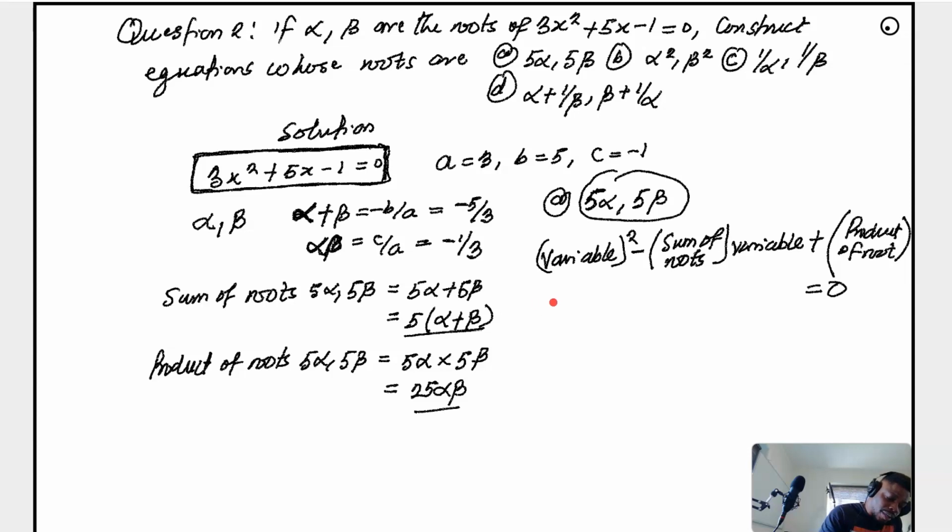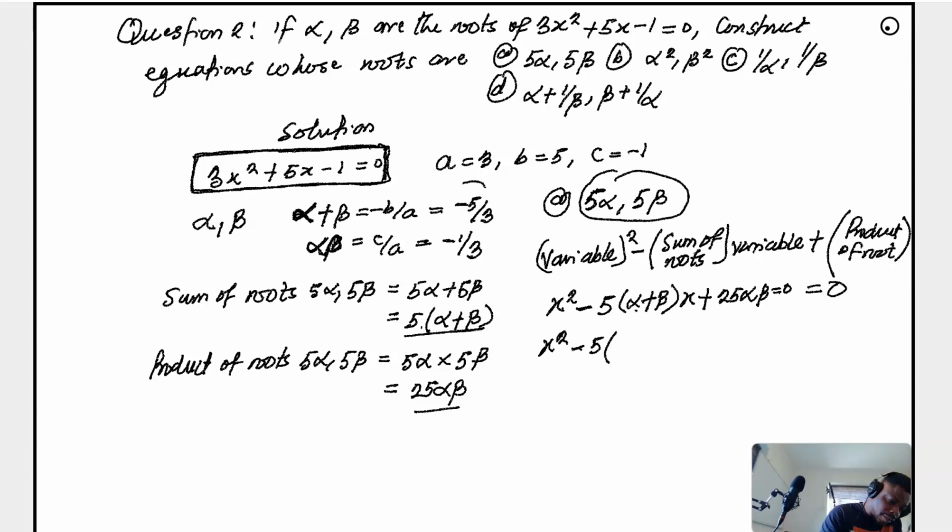So variable squared: x squared minus sum of roots. What is our sum of roots? 5 bracket alpha plus beta, then variable, that is x, then plus product. What is our product of roots? 25 alpha beta, which is equal to 0. Okay, so x squared minus 5, what is alpha plus beta?